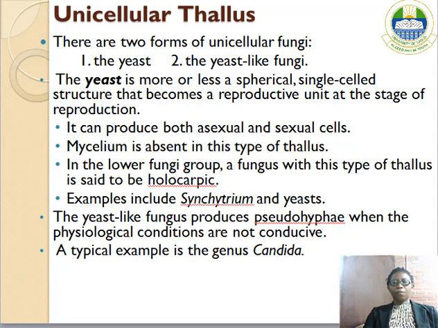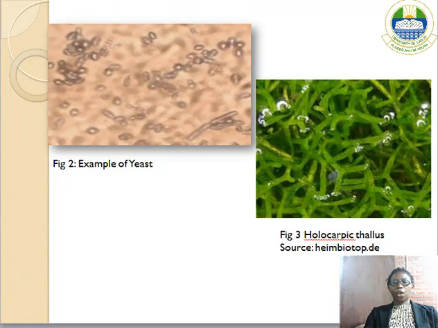For the yeast-like fungus, it usually produces pseudo-hyphae when the environmental or nutritional condition is not conducive for such an organism. An example is the yeast called Candida that you find growing in the reproductive tract of some humans.